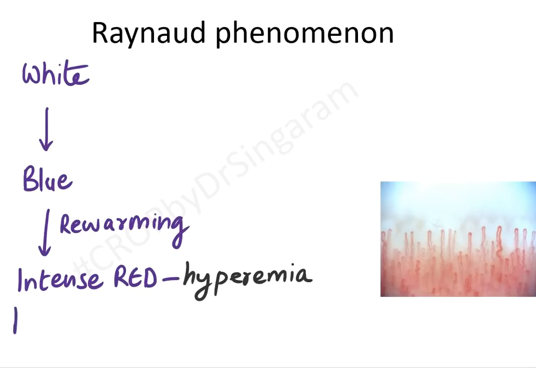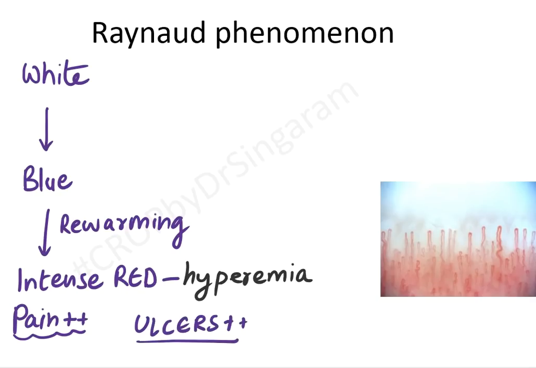Very characteristically, at this time the patient will have pain. Some patients, because of these intense reactions, can also have associated ulcers in the hands. These are the characteristic features of Raynaud's phenomenon which you need to remember.